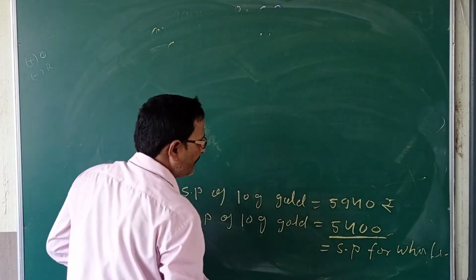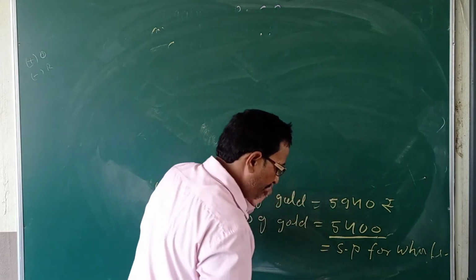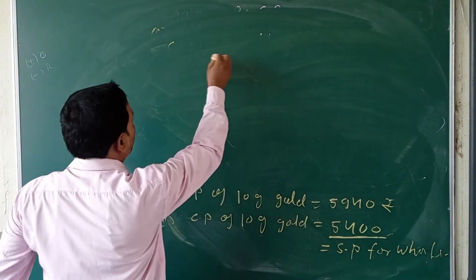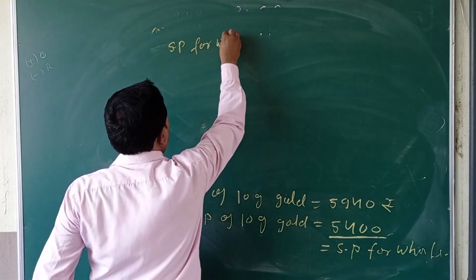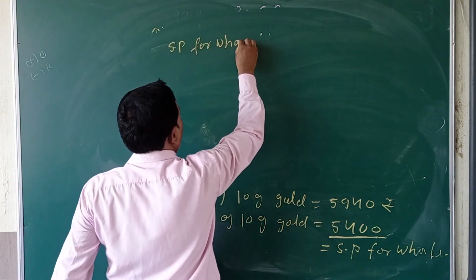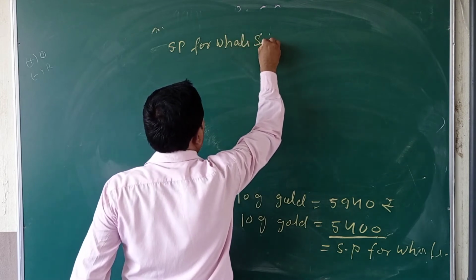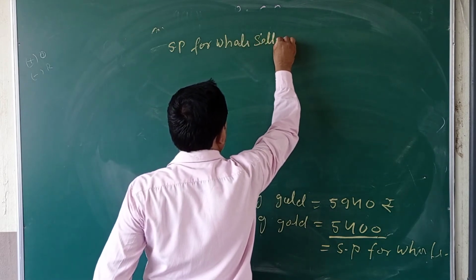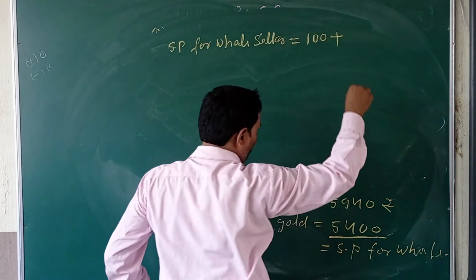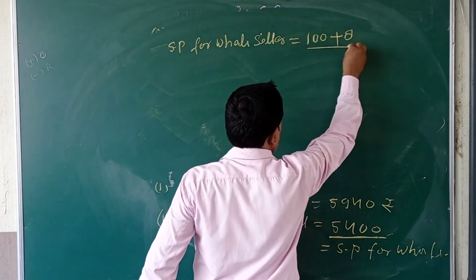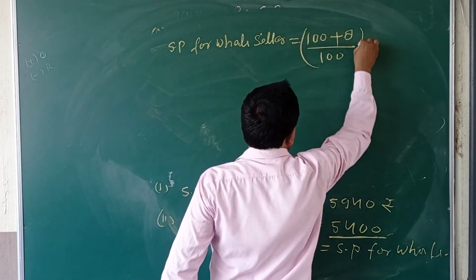Now SP for wholesaler is equal to 100 plus the profit given, 8%, upon 100 into this CP.